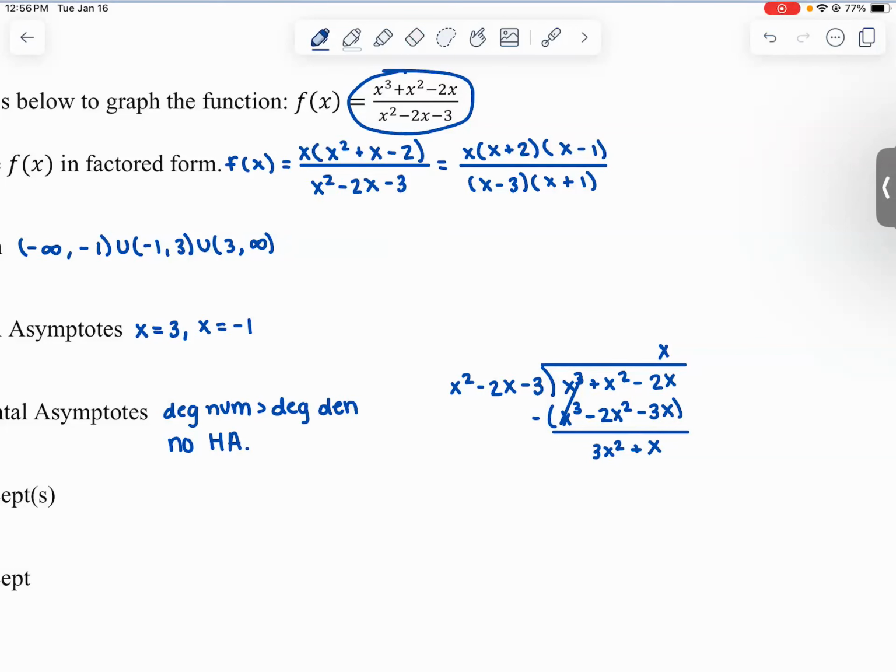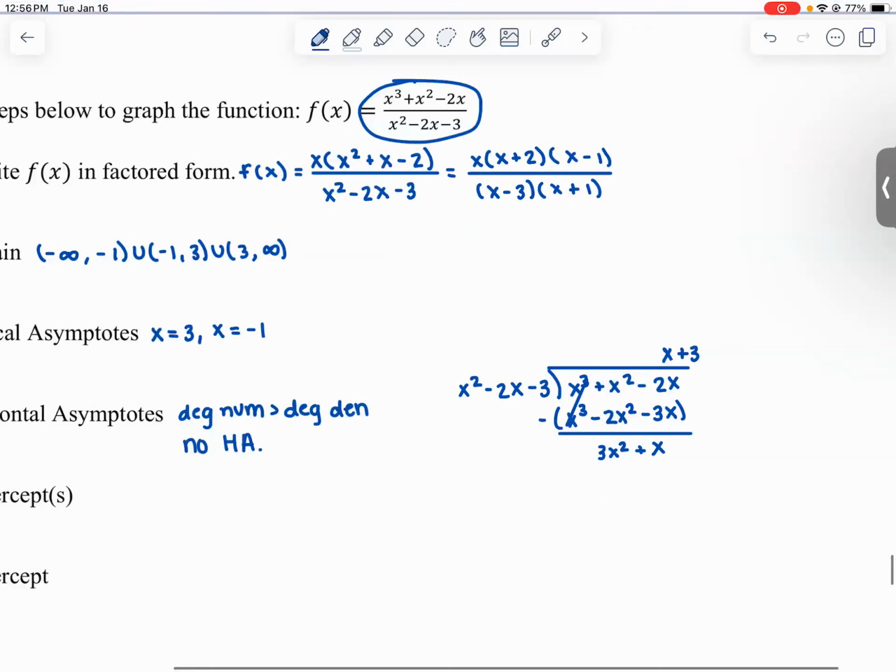To get a 3x squared, we would get a plus 3. So we'd get 3x squared minus 6x minus 9. We can tack on a 0 there just to make it look a little bit nicer. You're left with 7x minus 9. So our remainder would be this 7x minus 9.